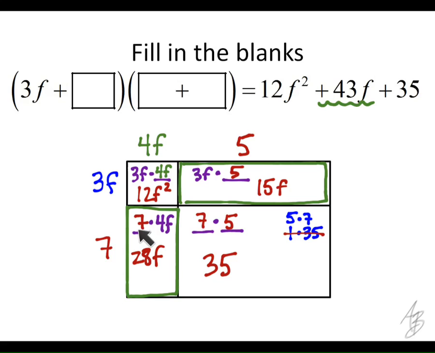Since these have 7 as a common factor, that common factor is going to be what goes out front. And since these have 5 as a common factor, that 5 is what's going to go up top. So now we just fill in our blanks. What's going to go with the 3f here? This side right here. That's going to be the 7. And then what's going to go in these two here? The 4f plus 5.